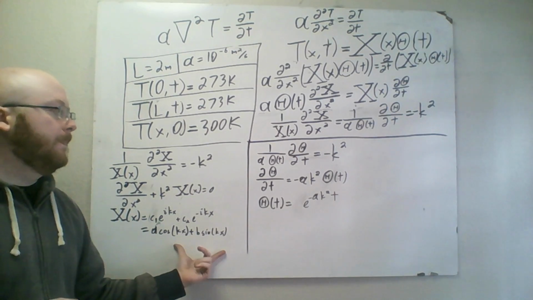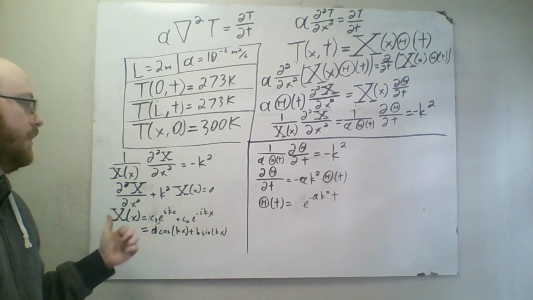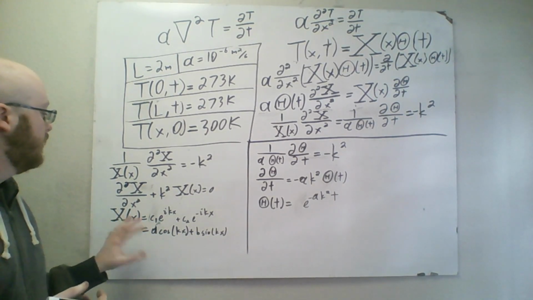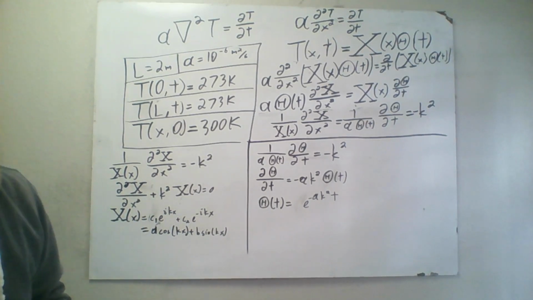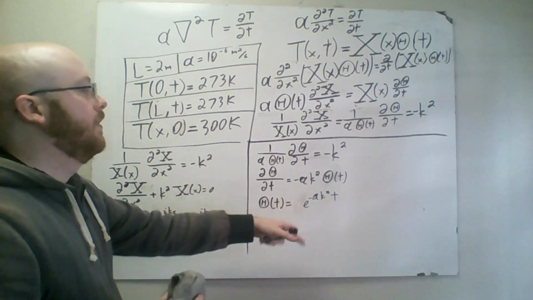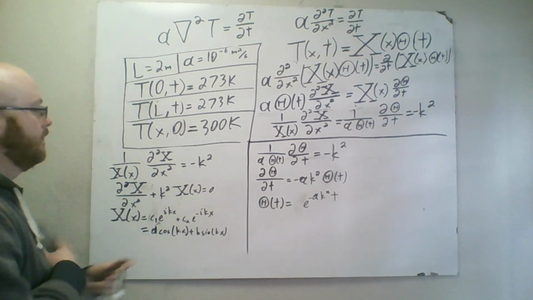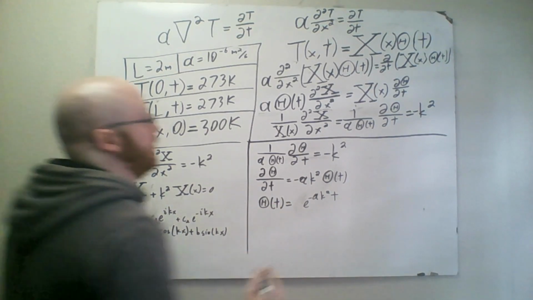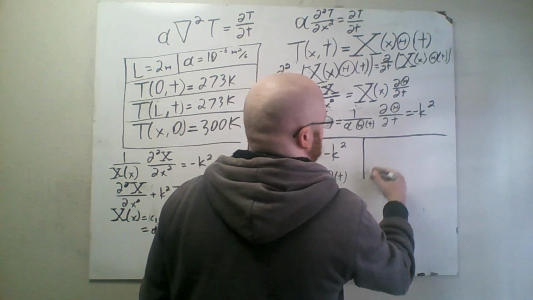So now we're going to need to evaluate the boundary conditions. Real quick, you can get different things if you plug in different k's, so for now I'm just going to make a note over here.